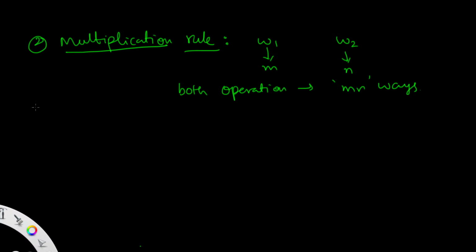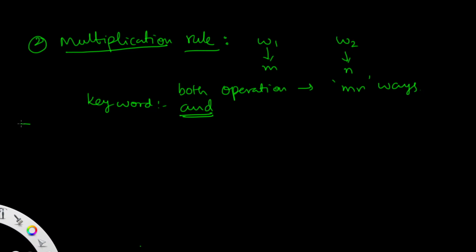In the previous rule, any one operation meant the keyword was "or". Here, in the multiplication rule, both operations are performed. The keyword is "and". When "and" appears in problems, we apply the multiplication rule.